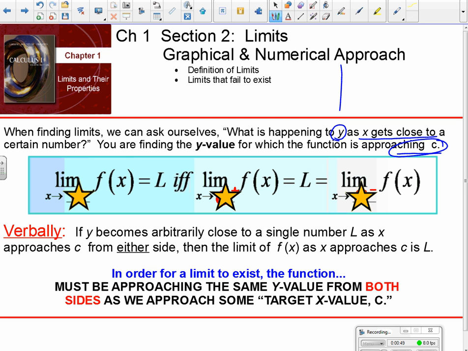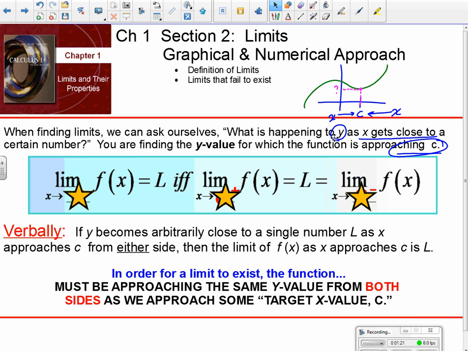If I had some sort of graph and this were my function, as x comes into c, either from the left side or from the right side, what value do I see happening on my y-axis? So really, when we find a limit, we're coming up with this y value.